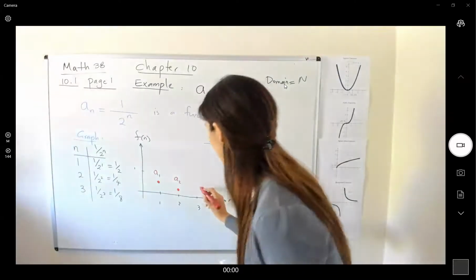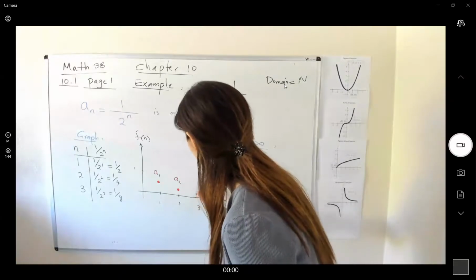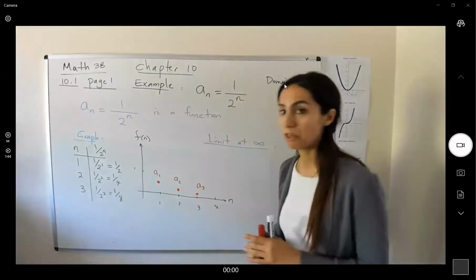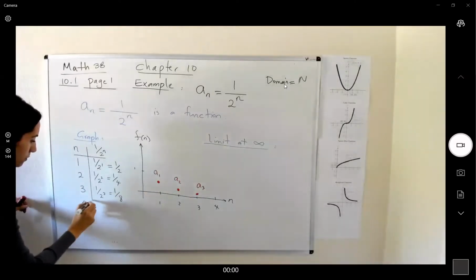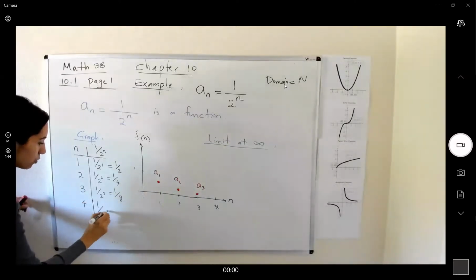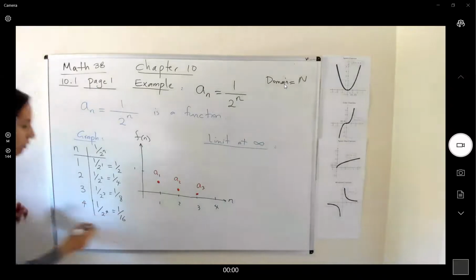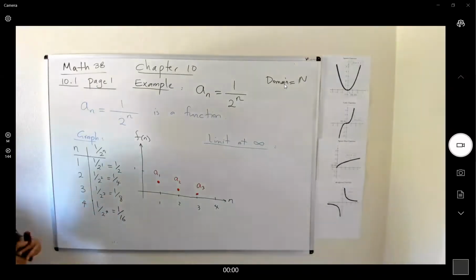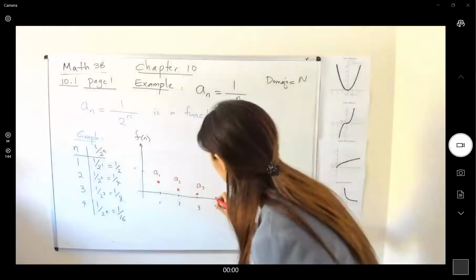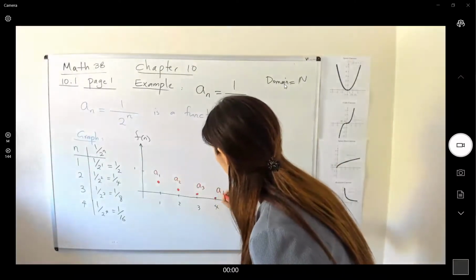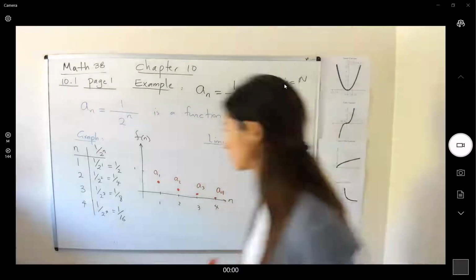So 3 and 1 over 8, a sub 3. Let's plug in another value, like 4. 1 over 2 to the 4th is 1 over 16. It seems like our guess is correct. The graph is decreasing. A sub 4.